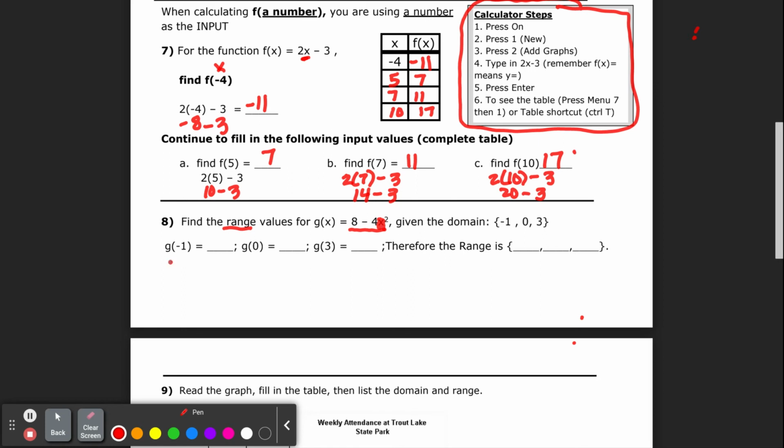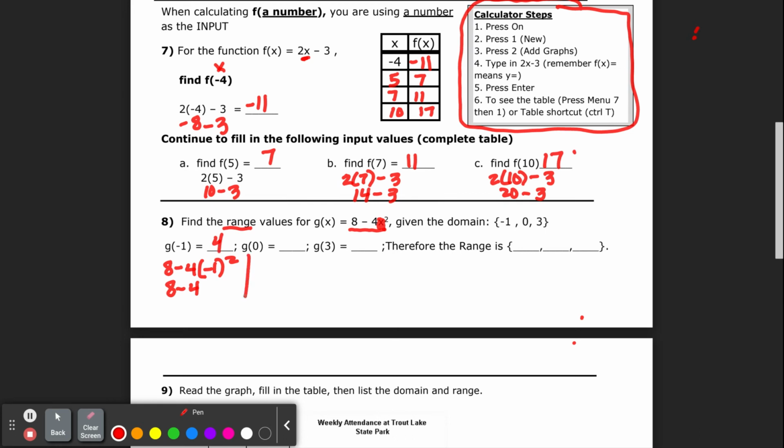So it'll look like 8 minus 4, and then in place of x, we put -1 squared. So this will be 8 minus, we use our order of operations, so we're going to use the parentheses. So -1 and then square it. So -1 times -1 is 1, and 1 times 4 is 4. So 8 minus 4 is 4.